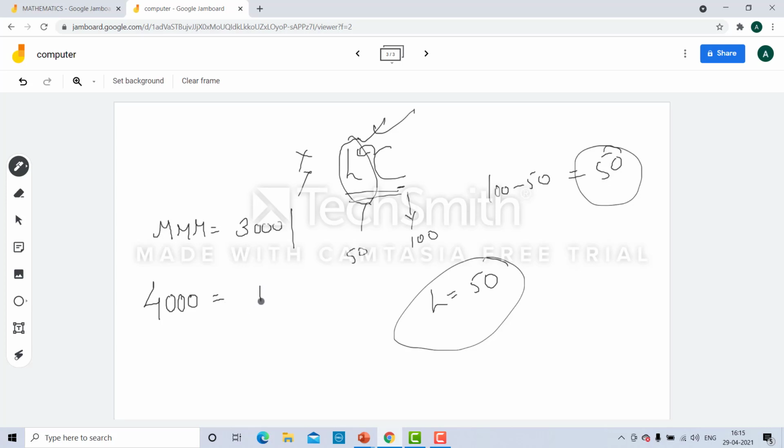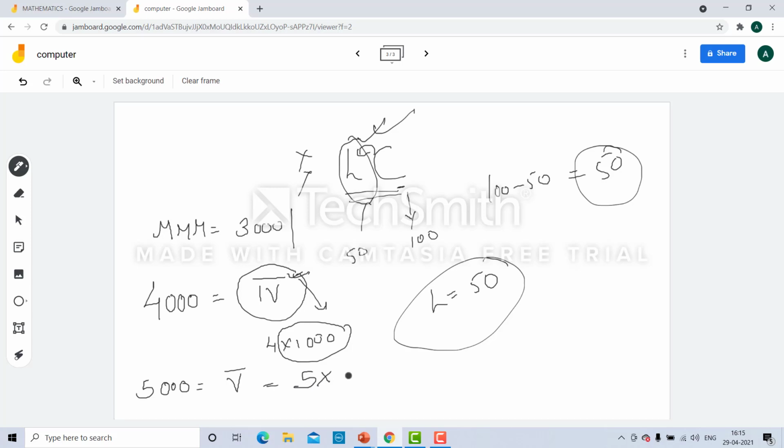This is my 4 and a bar above it. This bar means the number is getting multiplied by 1000. Similarly, if I have to write 5000, I will write 5 with a bar, that means 5 is getting multiplied by 1000. This is also one of the rules to be taken care of when we are dealing with Roman numbers.